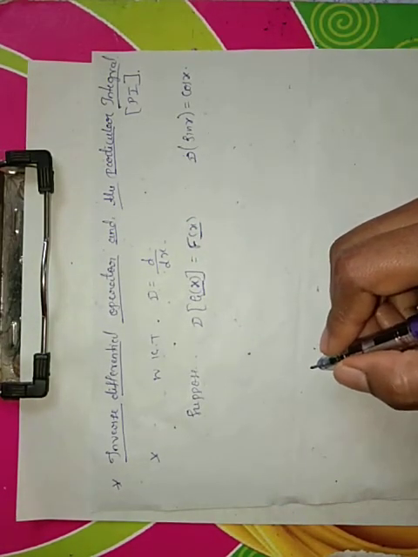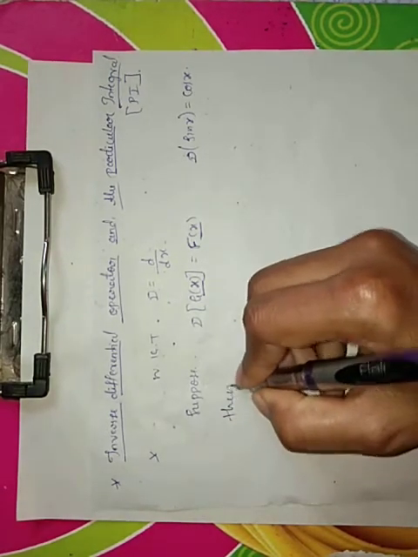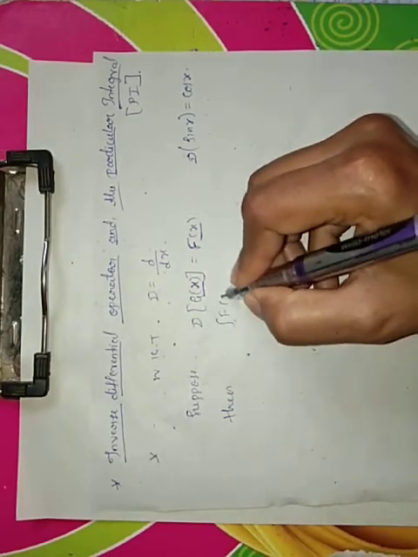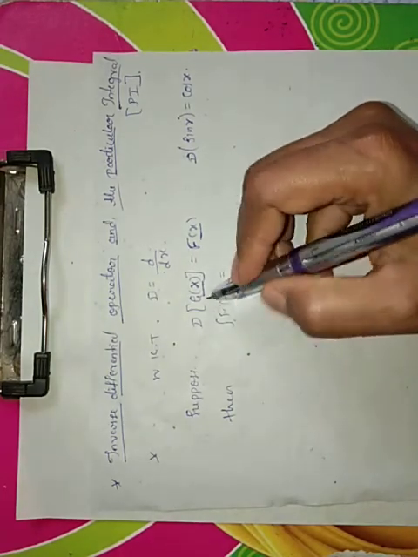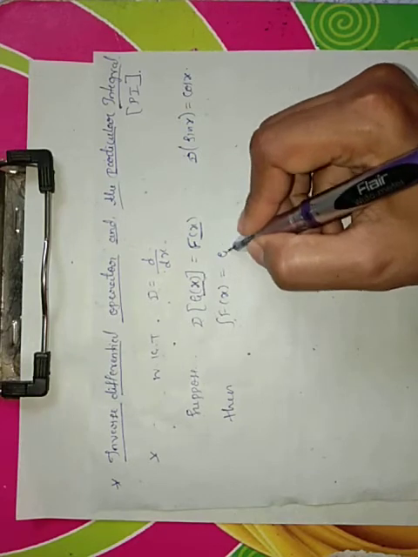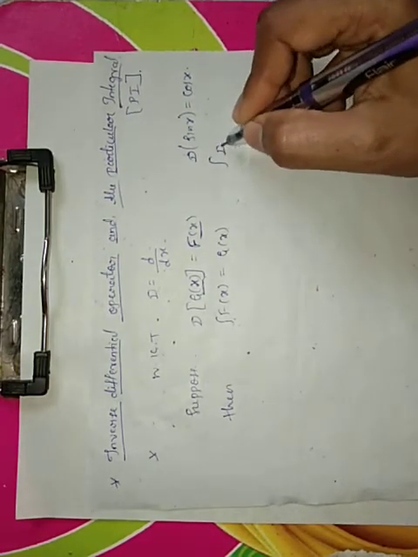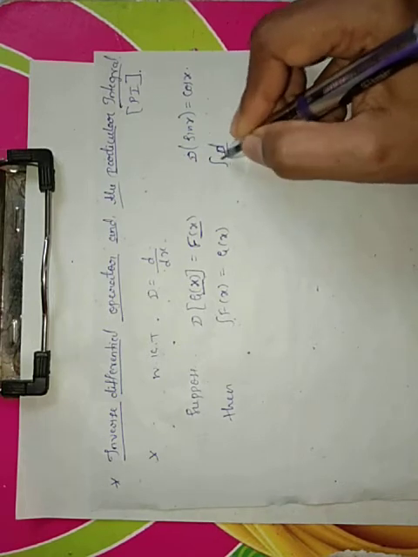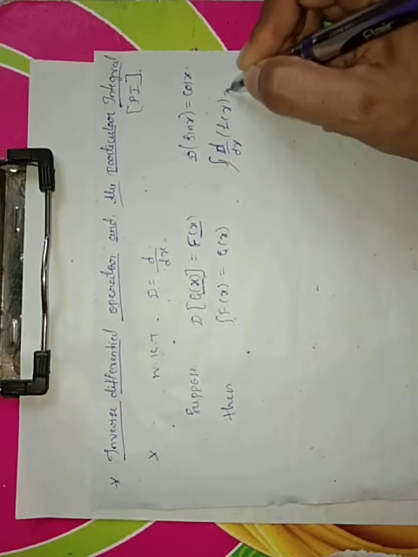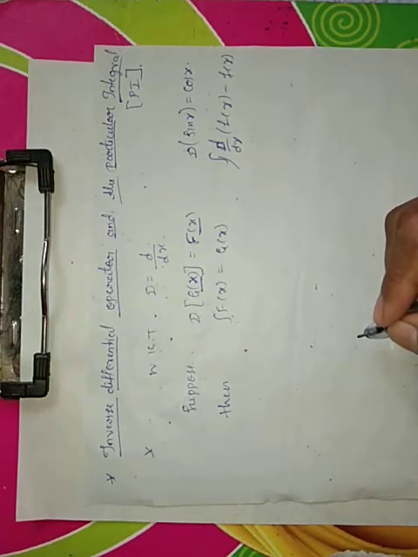Now I am taking an integration on both sides. Then integration of f of x is equal to the integral of the derivative of a function, which is equal to the function. We already know that the integral of d by dx of f of x is equal to simply f of x.